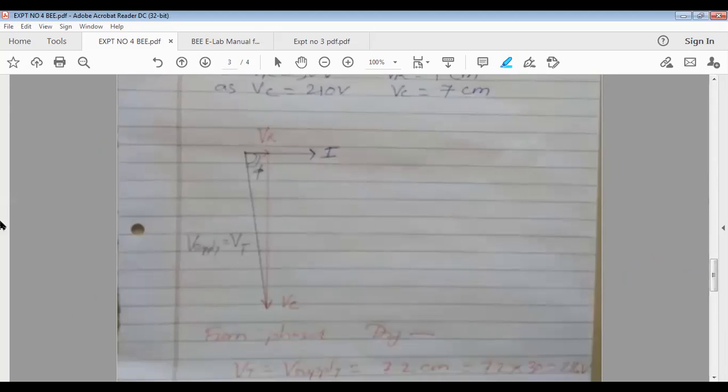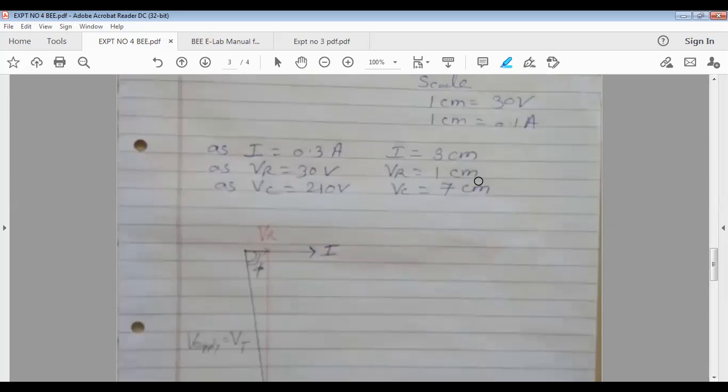So see how I will draw the phasor diagram here. The voltage and current across resistance have equations you will learn: Vm sin omega t and Im sin omega t. This waveform is represented in the phasor diagram along the positive real axis, that is, the positive x-axis. So both phasors VR and I are along the positive x-axis. Draw VR 1 centimeter, and in phase with it, I 3 centimeter.